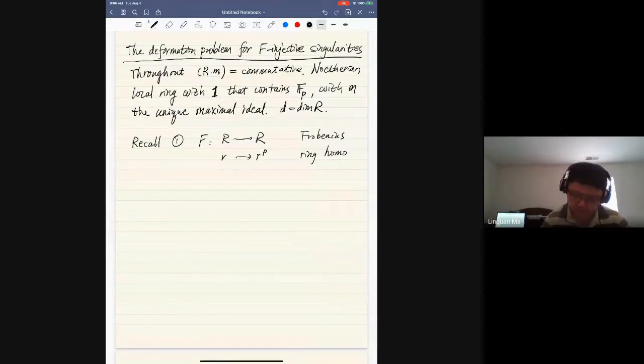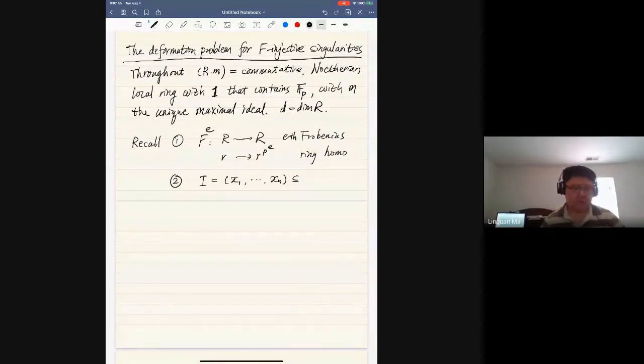Of course, I can also iterate this, so we have the eth Frobenius map, and all of these are ring homomorphisms. Second, let me briefly recall local cohomology. Take an ideal I, say with generators x1 through xn.